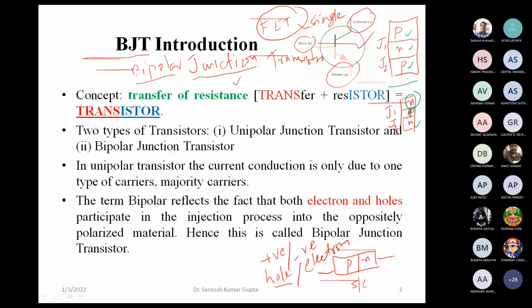We will see these two transistors in detail. The word transistor itself reflects a very unique quality of these devices, which assists in the transfer of current over resistors. We will be able to understand this more in the later part of this course.